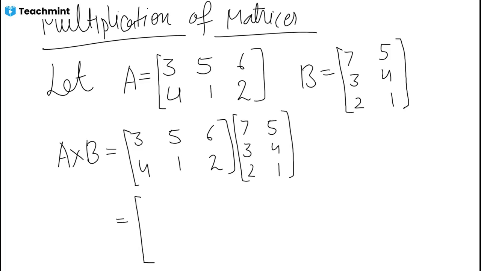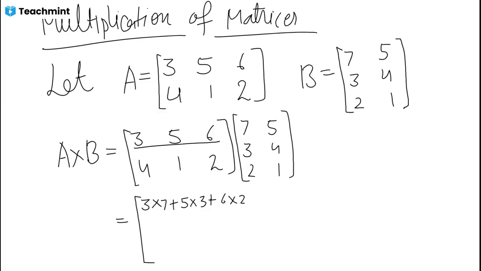See, we multiply the first row with the first column. How? 3 multiplied with 7, plus the next element 5 multiplied with 3, plus 6 multiplied with 2. Are you getting it? Yeah. So we multiplied the first row with the first column.